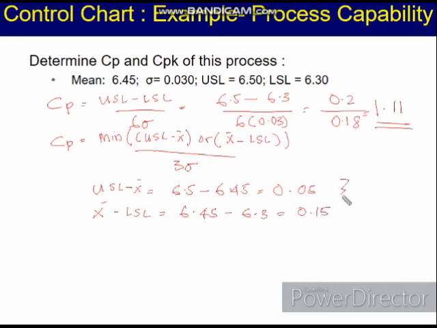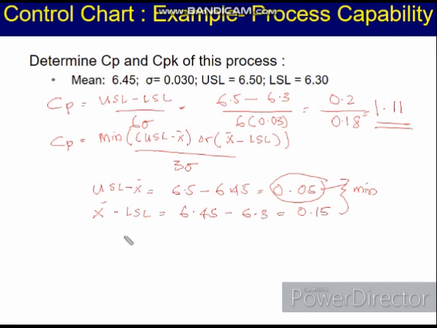Between the two, which one is minimum? This is the minimum of the two, so we select this value as the value that we put in the numerator in this particular equation.